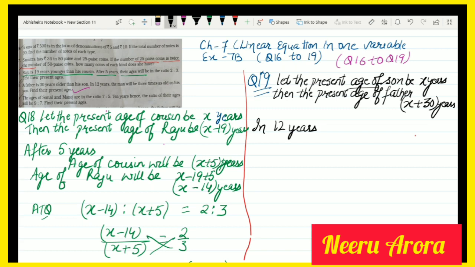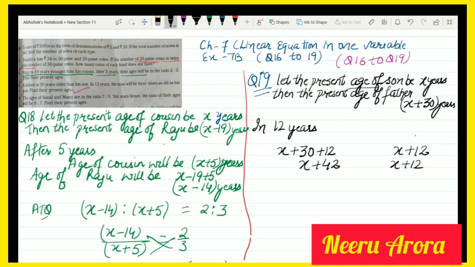Whatever the present age of the father, after 12 years we will add 12 to it. The father will be x plus 30 plus 12, that will be x plus 42. And what about the son's age after 12 years? The son will be x plus 12.